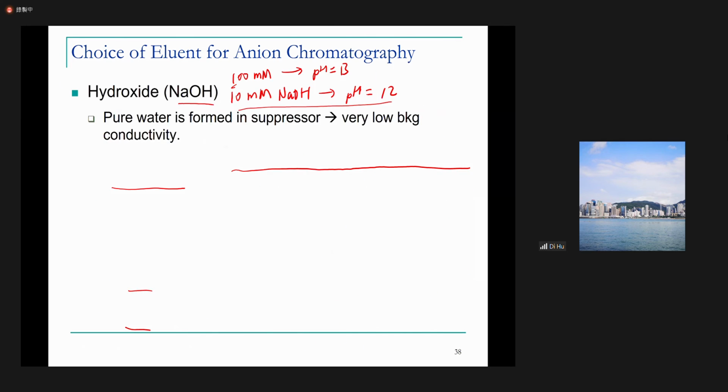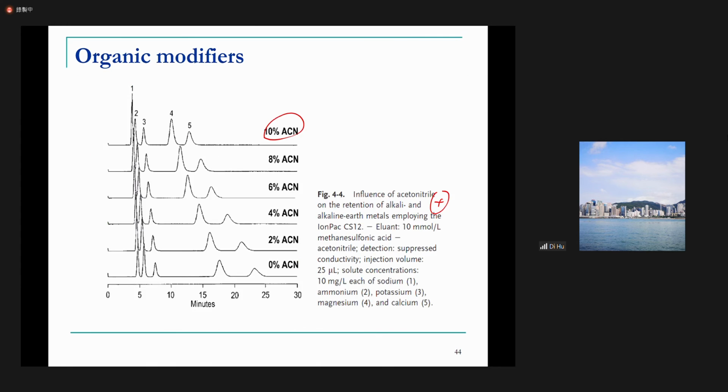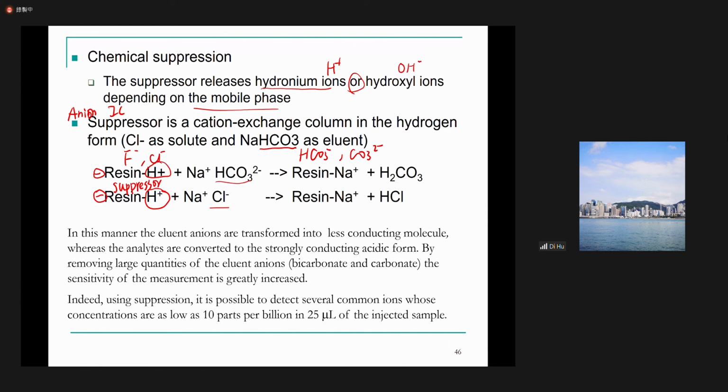Your mobile phase goes through, and hydronium ion is replaced by sodium, so sodium stays on the resin and hydronium ion comes out. It reacts with bicarbonate ion and carbonate ion to form carbonic acid, which is a weak acid.